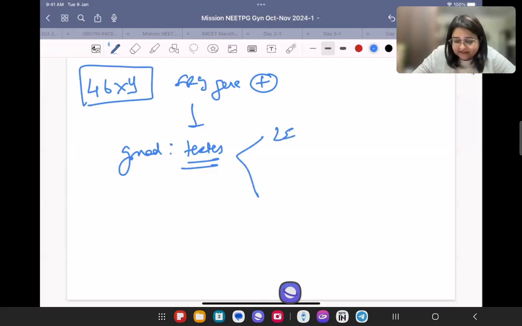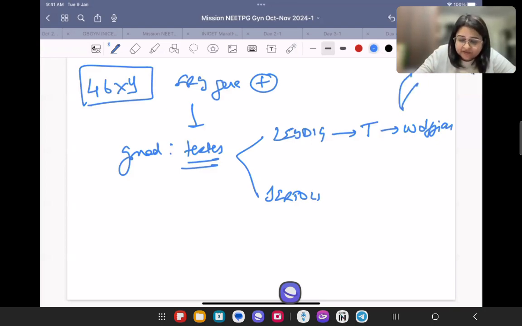It has the Leydig cell and it has the Sertoli cell. Just like in the female we had granulosa and theca cells, here we have Leydig and Sertoli cells. The Leydig cell is going to secrete testosterone. And the testosterone is going to convert the Wolffian duct into the male internal genitalia.